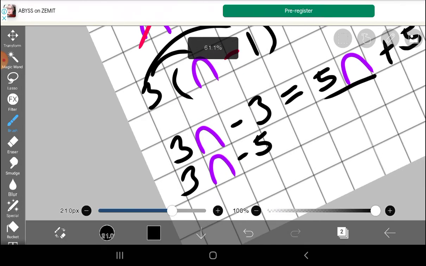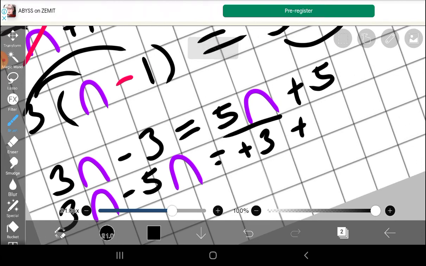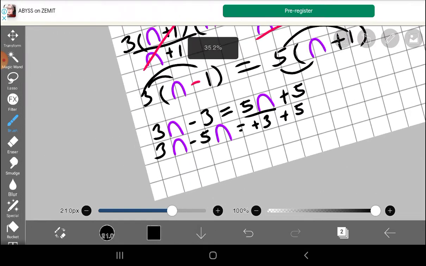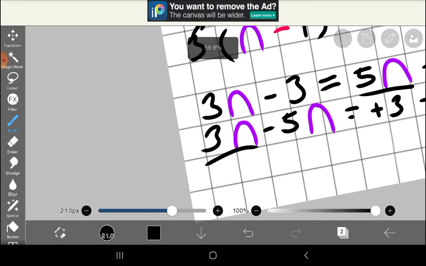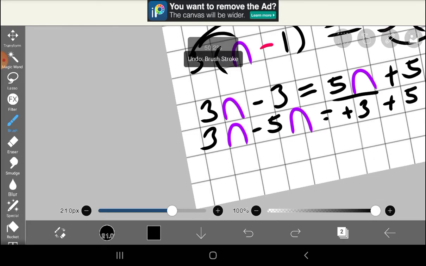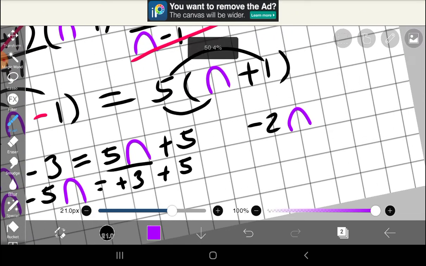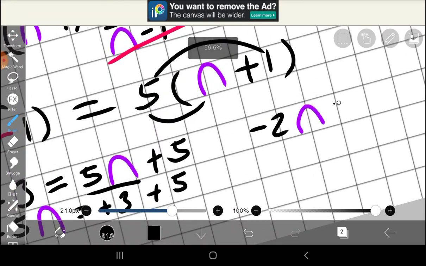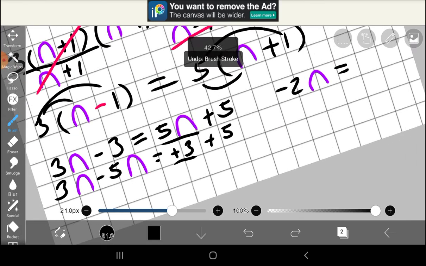It will be turned negative because you transpose it, equal to positive 3 and positive 5. Combine like terms. Positive 3 combined with negative 5 is negative 2, so negative 2n equal to 3 combined with positive 5, which is 8.